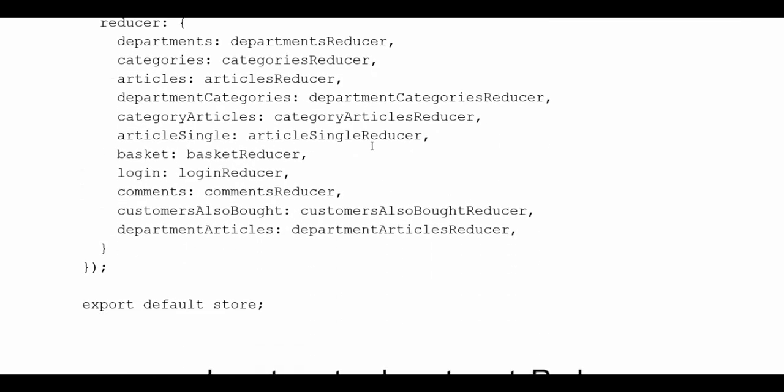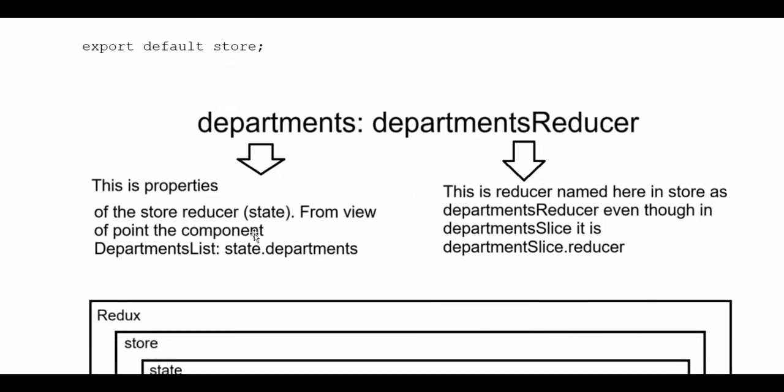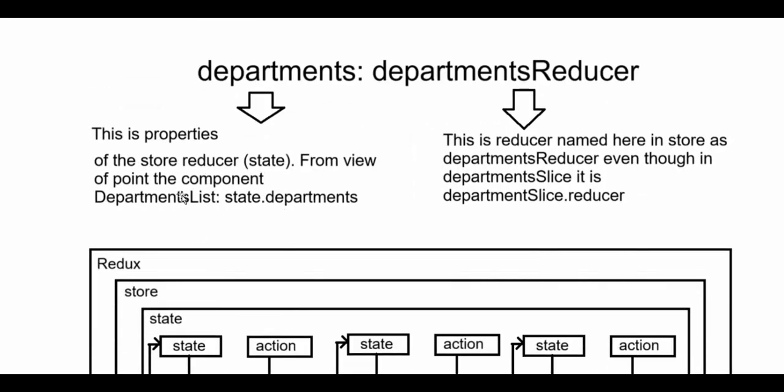Here is all the others. Here is departments and all others here. Departments is a property of the store reducer.